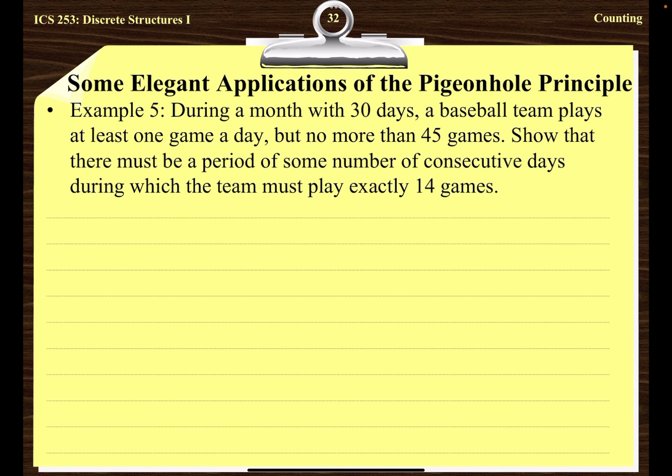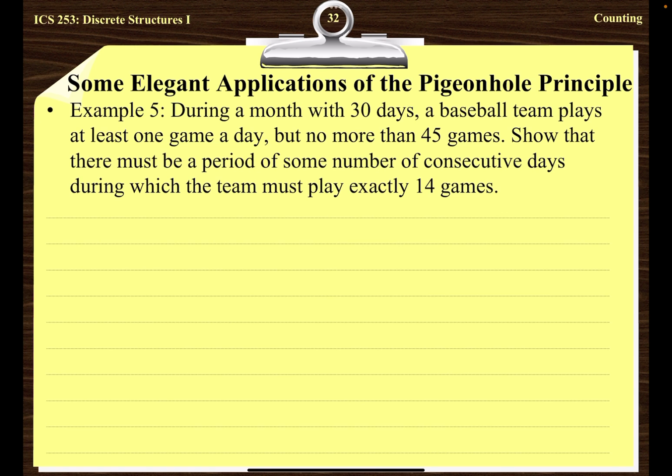At least one game a day, and at the end, for a total after the 30 days, the total is not more than 45 games. There are extra days, but is there an empty day? No. There is no empty day. These are the only givens.